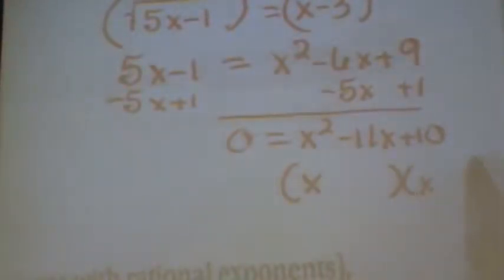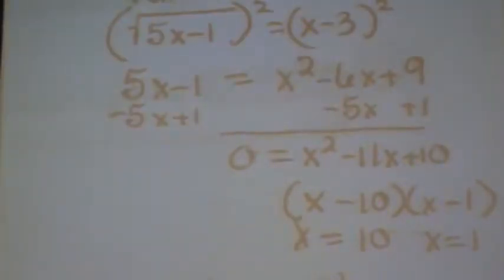Yeah, factor. -10 and -1 multiply to give you 10 and add to be -11. Okay, did everybody write this down? 1 is extraneous. Yes, and he is correct. 1 does not work. 1 is extraneous, cross it out.